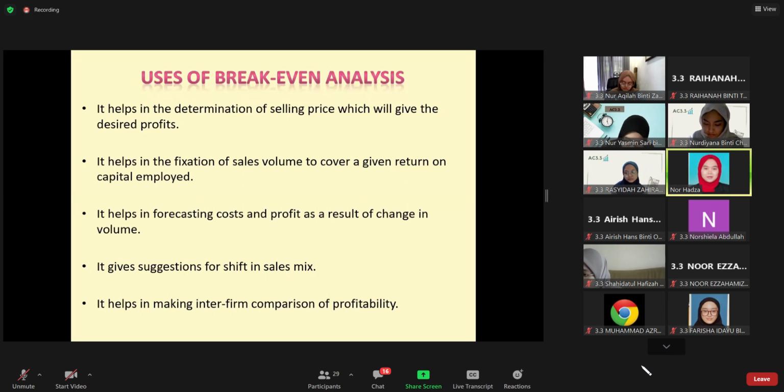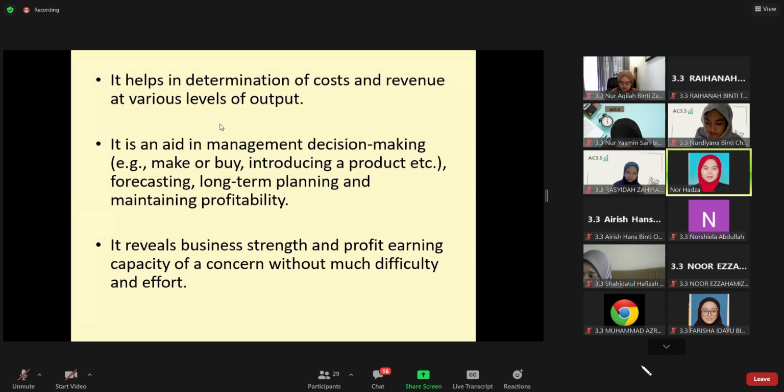Let's say you have data on other companies' break-even analysis. By having this analysis, you should be able to compare your company with other companies' profitability and break-even point. From that you can plan what should be done in order to compete in the market.